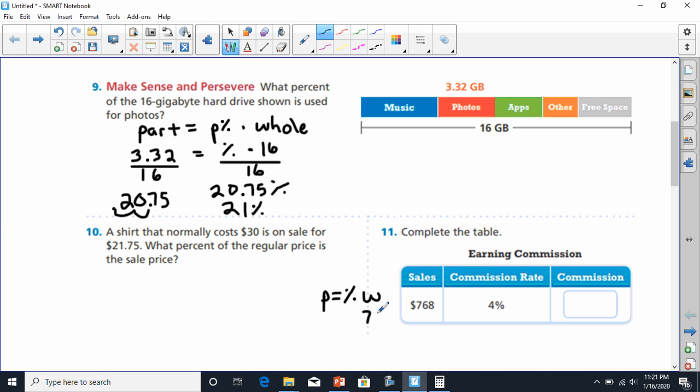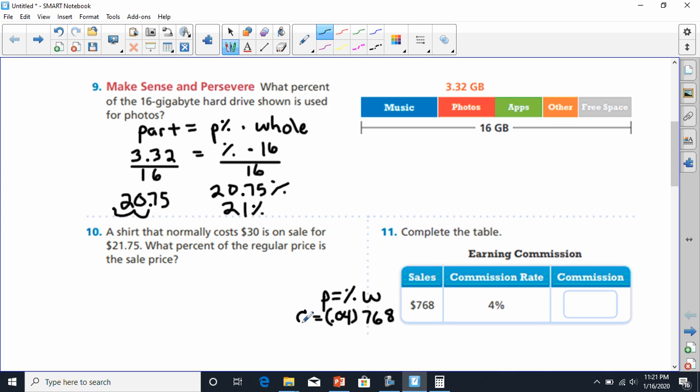So this is 768. And we're going to be multiplying that by 4%. Remember, for 4%, we have to move that decimal back 2 spots. So it's going to be 0.04, and that'll equal the commission, or the part.